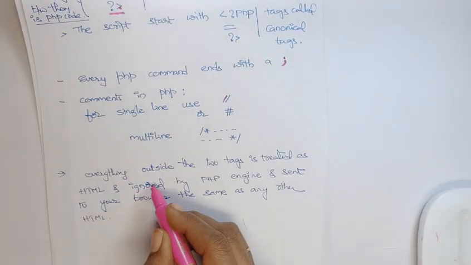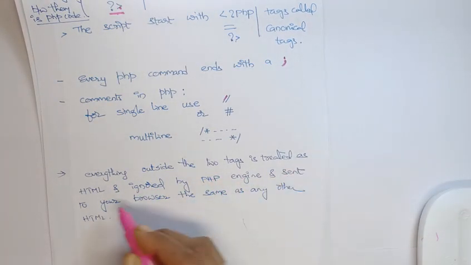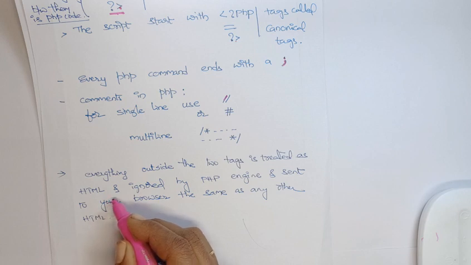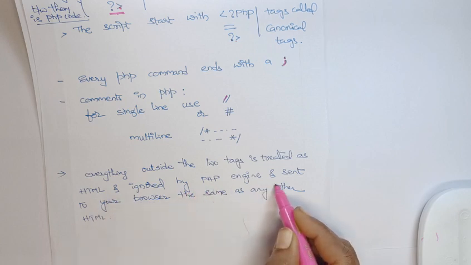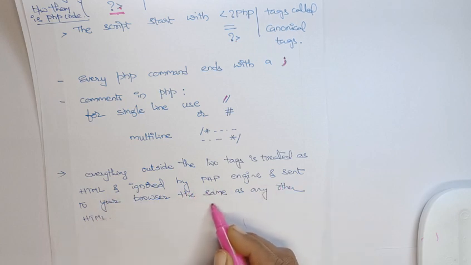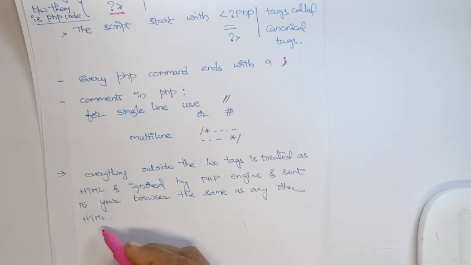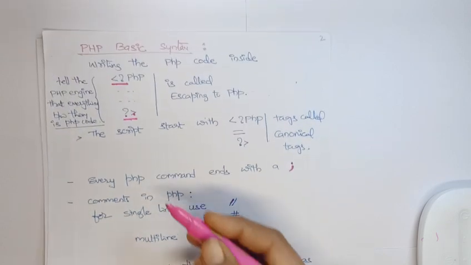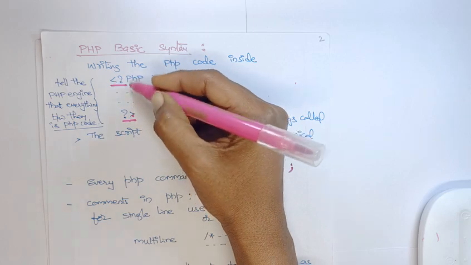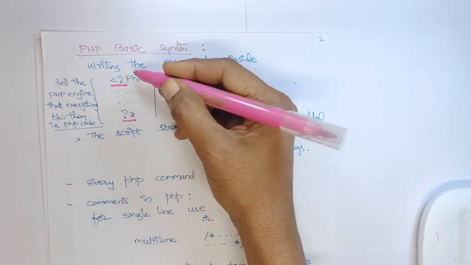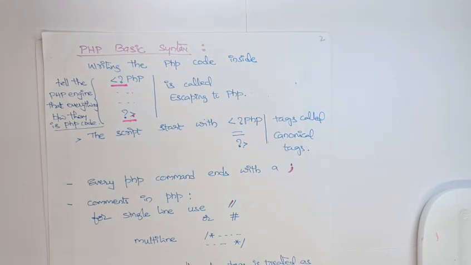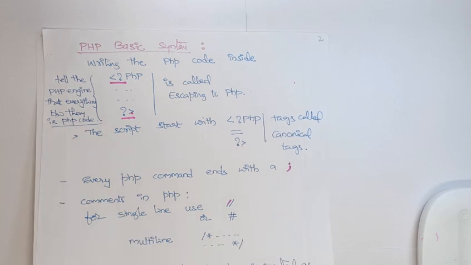Next, everything outside the two tags is treated as HTML, ignored by the PHP engine, and sent to your browser the same as any other HTML. If you are writing any code outside of these tags, then it is ignored by PHP, and that code will be sent to the browser the same as any other HTML.